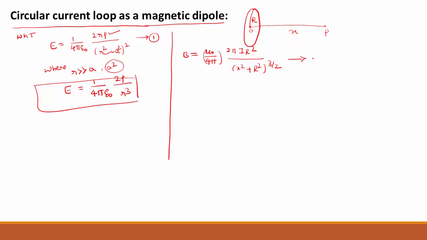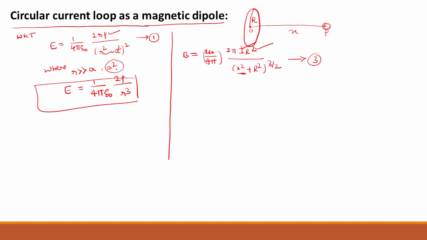This is equation number 3. Here in this equation, I is the current in the loop, R is the radius of the loop, and x is the distance between the center of this loop and the point of observation.